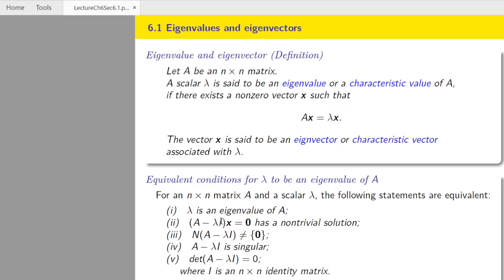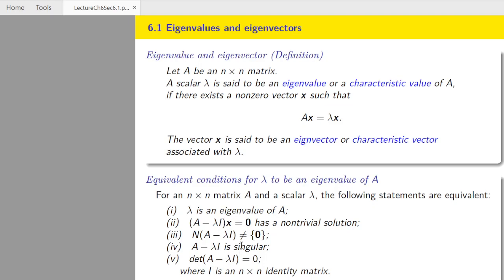Here, I is the n by n identity matrix. The third statement is the null space of A minus lambda I is not the same as the zero subspace. Statement 4. A minus lambda I is singular. Number 5. The determinant of A minus lambda I equals 0.